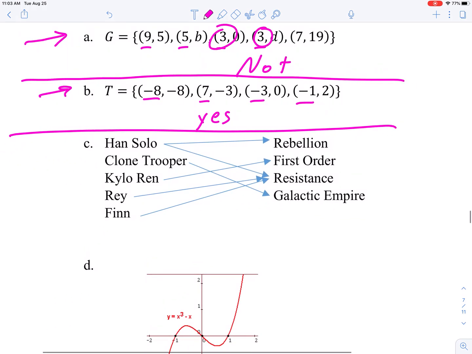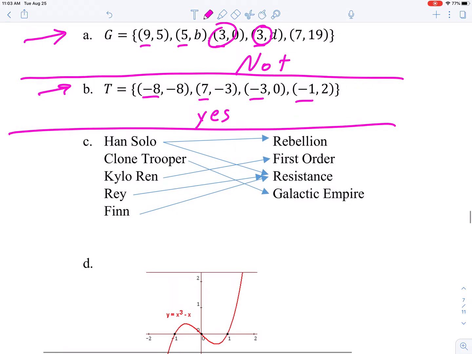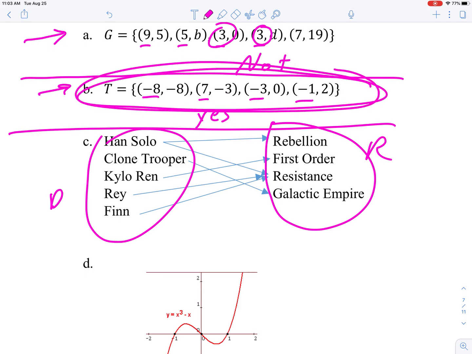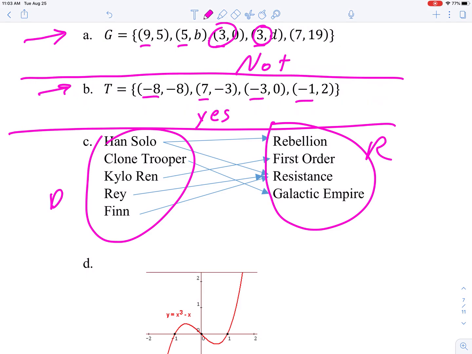Okay, and what kind of math teacher would I be if I wasn't a Star Wars fan, right? So here's a Star Wars question. This is an arrow diagram. These are all your inputs, right? So this is your domain. And these are all your range values. So, if we were to write these out like these guys up here in ordered pairs, what would happen?